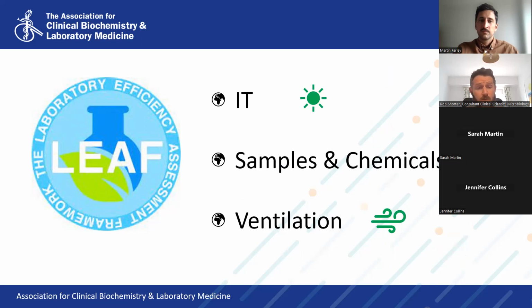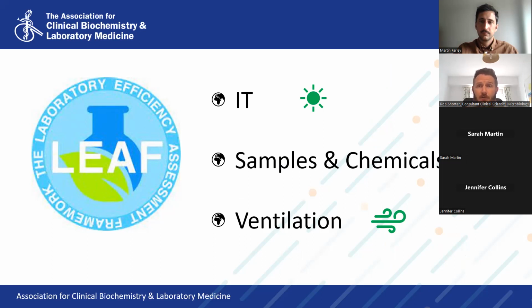IT was very straightforward. Our IT systems are controlled centrally and all of our machines are powered down overnight. But we have gone round and turned down the brightness on every single screen to 25%. And we've had no pushback from the lab teams either. Samples and chemicals were very straightforward because we're a UKAS accredited laboratory, we know where everything is, we've got limited storage space, so we're not ordering more than we need.